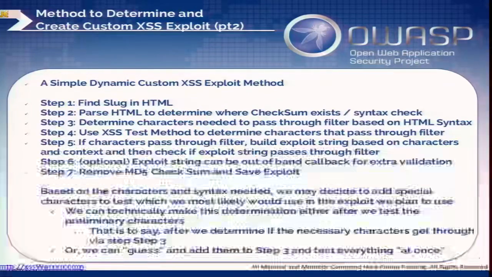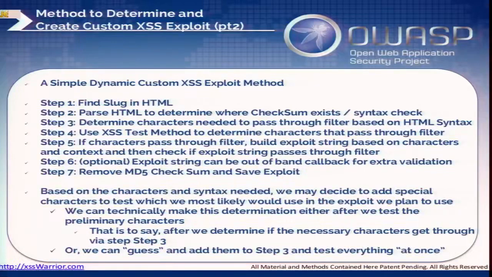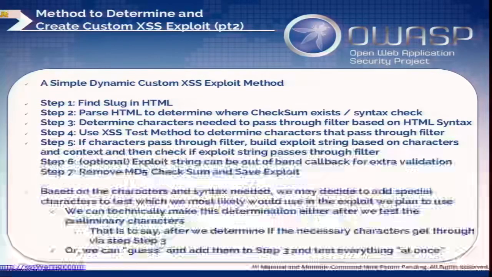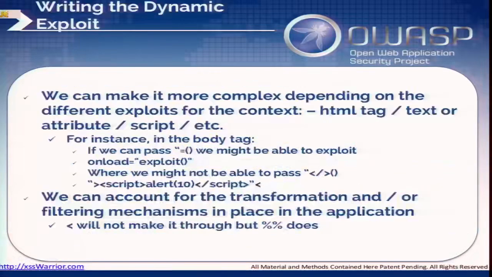And I have an interesting way of doing validation, which I'll describe in a minute, which doesn't depend on callbacks, and it doesn't depend on event alerts, event triggers, rather. This is just another example of basically writing a custom exploit based on the characters that we find through there.